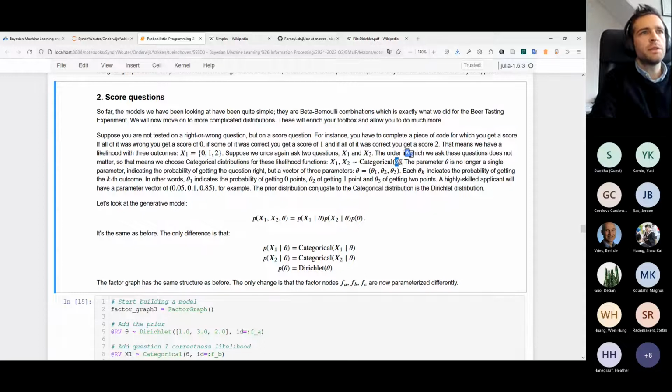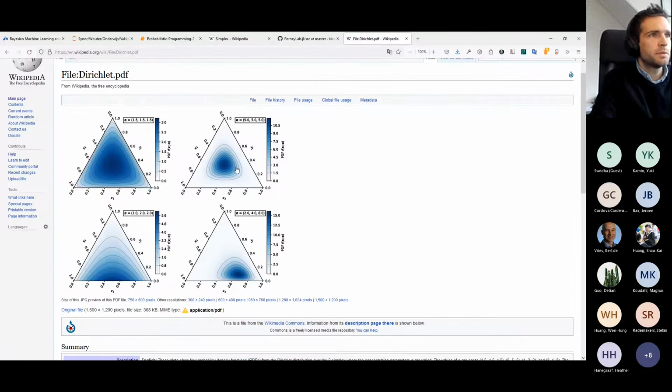But it's theta. We have a Dirichlet distribution over theta. So theta is also a three-dimensional vector. Theta needs to sum to 1. And in this particular example, theta 1 corresponds to the first element of theta, theta 2 corresponds to the second element of theta, and theta 3 corresponds to the third element of theta.